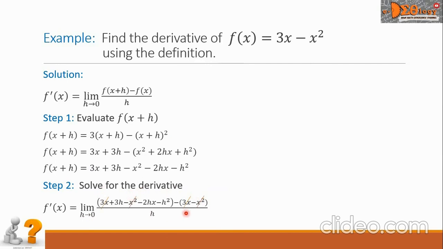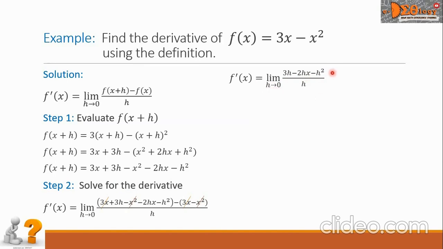Now let us rewrite our limit in simplified form. So we have f prime of x equals the limit of 3h minus 2hx minus h squared all over h as h approaches 0.